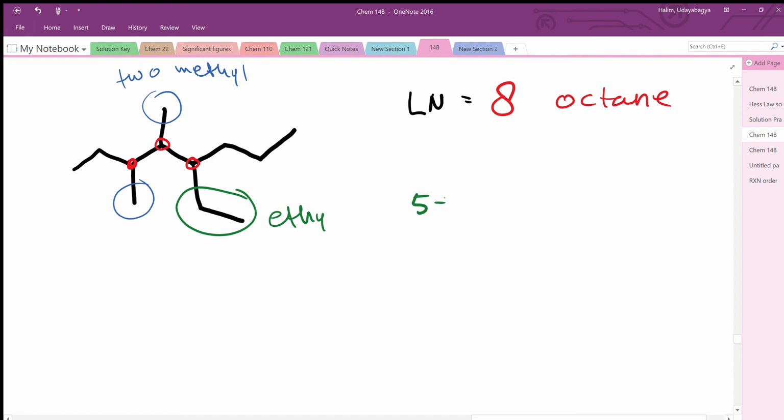So I have 5-ethyl. And I have a methyl in position 3 and 4. I have dimethyl, di for 2.